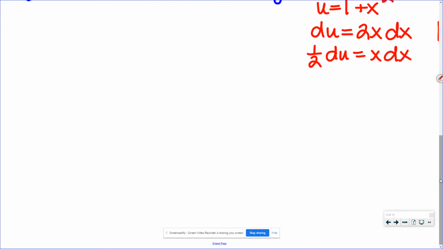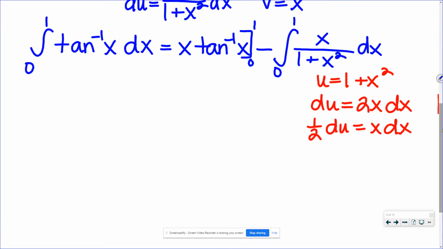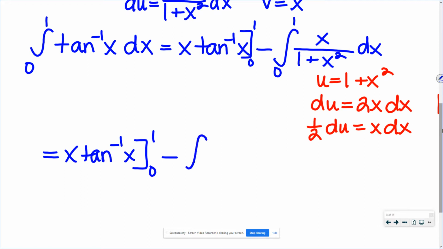Okay. Let's see what we can do here. If I do u substitution, I would have 1/2 times 1 over u du. Does that sound right? I want to move the 1/2 outside the integral. 1/2 times the integral of 1 over u du is where I'm at right now.